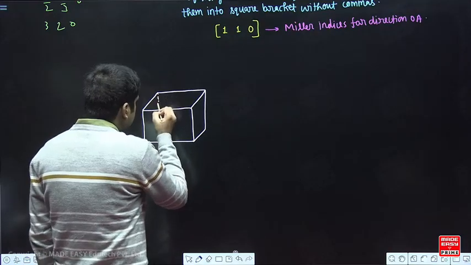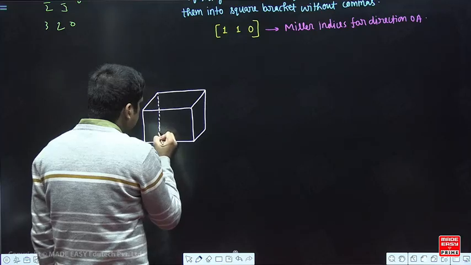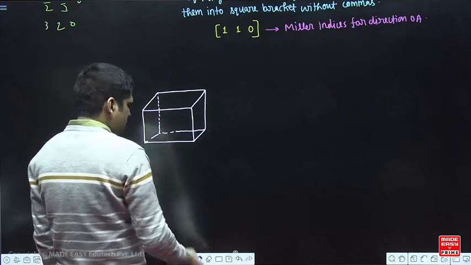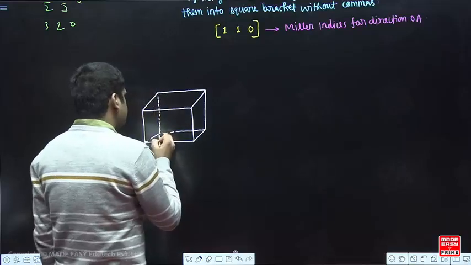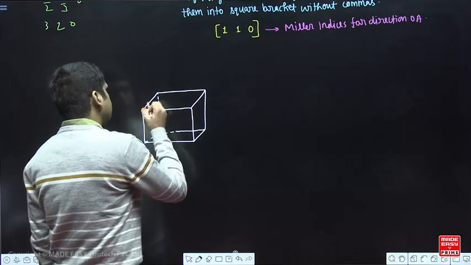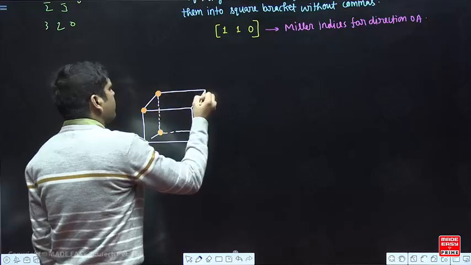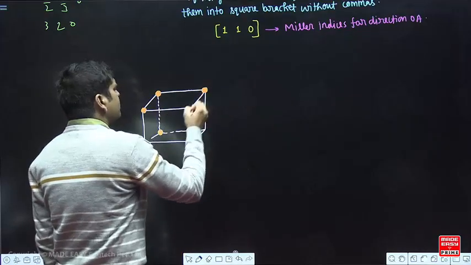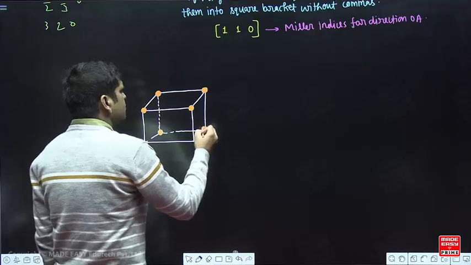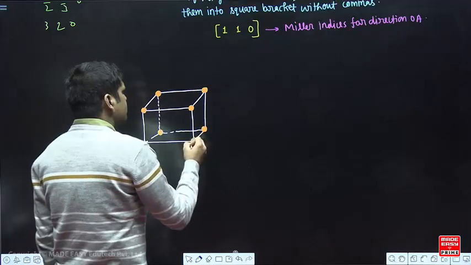I am assuming that there are atoms at each corner, so we have corner atoms like this. You can take any other crystal system also, FCC, BCC, any one. The procedure will remain the same, that is not going to be affected.